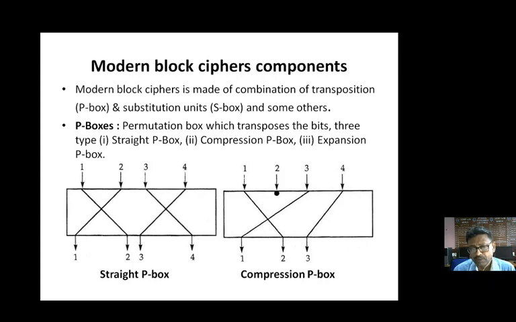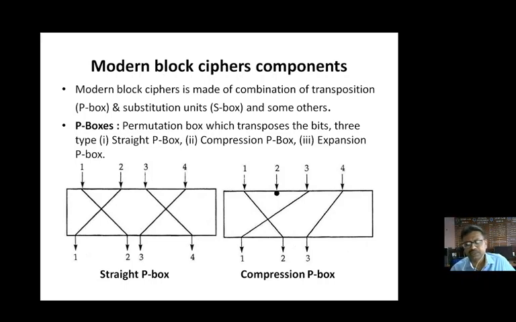The number of possibilities by which we can do the transposition with a straight P-box is factorial n, where n is the number of inputs. If there are 4 inputs, there are 16 possibilities by which we can transpose the position of the individual bits. Suppose we have 1, 2, 3, 4. There are 16 possibilities by which 1, 2, 3, 4 can be converted into an output.